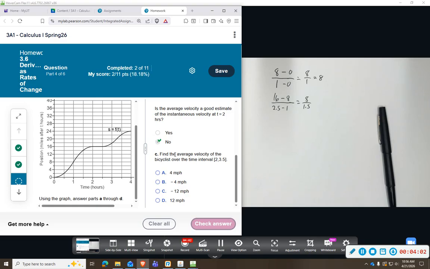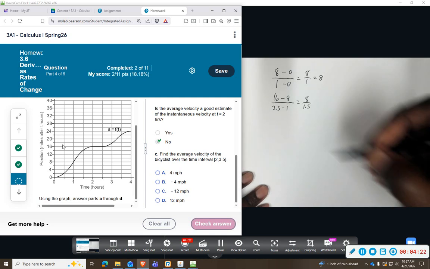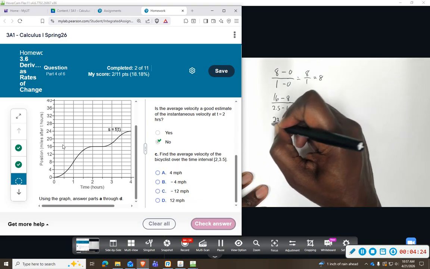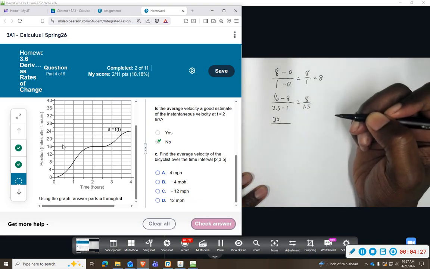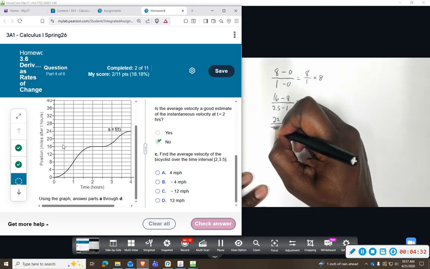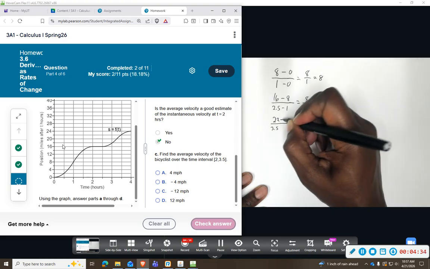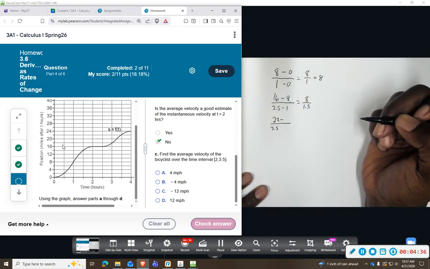Part C wants us to find the average velocity of the bicycle over the time interval 2 to 3.5. So at 2, his position is 16. At 3.5, position is about 22. Looks like these are counted by 2. So we would be doing slope again. So 22, and that was 3.5, minus his position at 2.